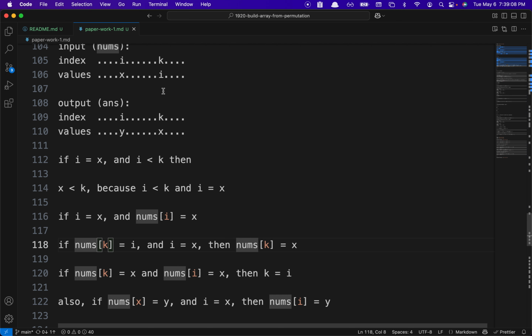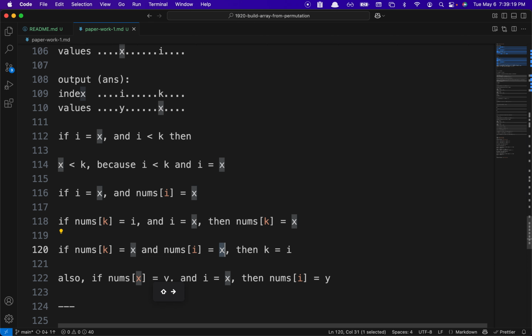So you're saying nums of k is equal to x, and you're saying nums of i is equal to x. There can't be two different indexes, as i and k can't be different.